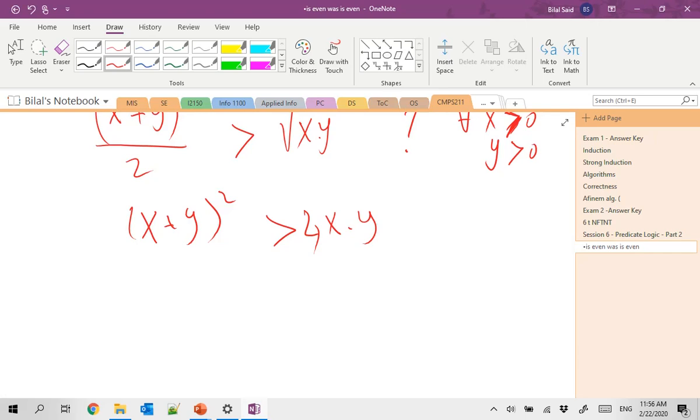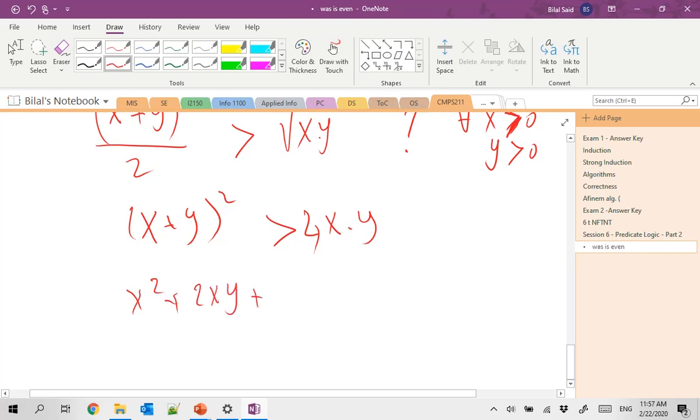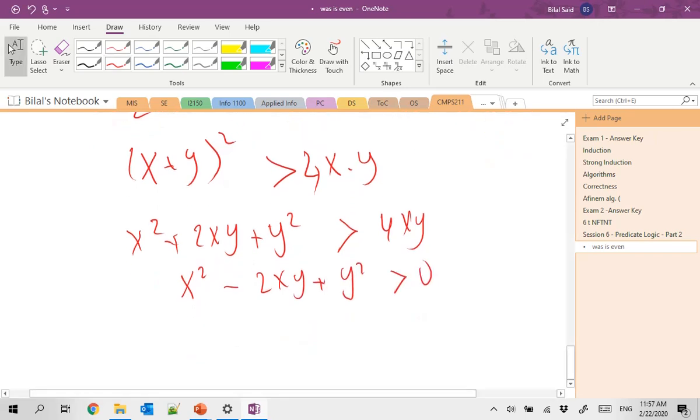So it's x squared plus 2xy plus y squared greater than 4xy. Well, this is equivalent to what? To x squared minus 2xy plus y squared greater than 0. But this is actually (x minus y) squared greater than 0.